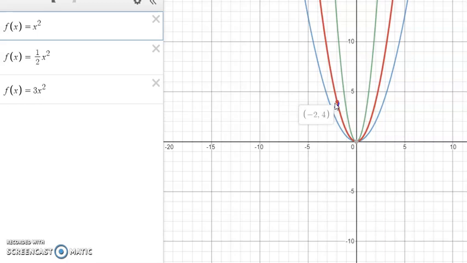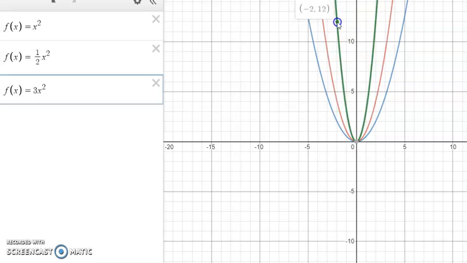On the original curve the y value is 4. We multiply it by 3. So when the x value is 2 or -2, the y value is 12 because it's multiplied by 3. 4 got multiplied by 3, became 12. These are called vertical stretches.